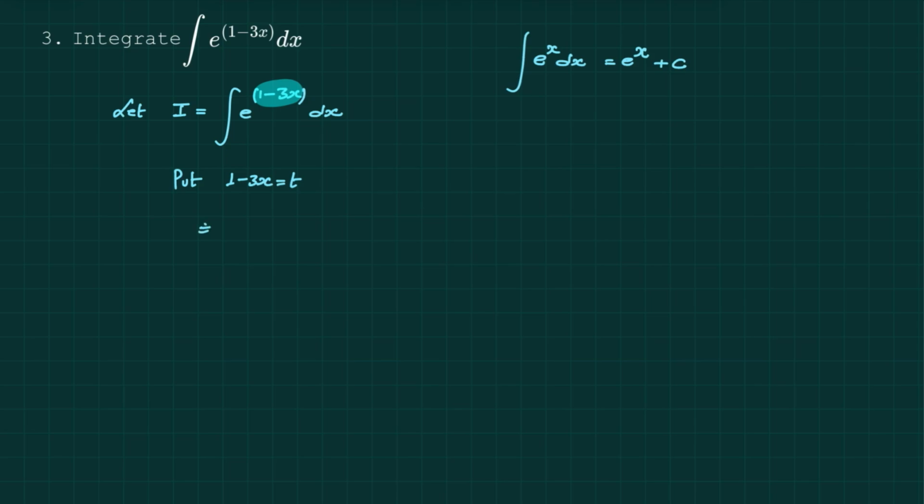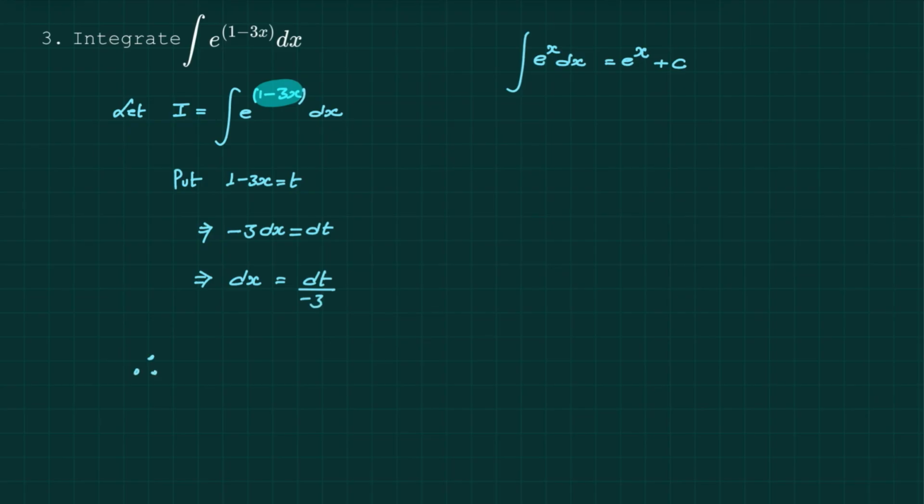Differentiating both sides with respect to x, here we will have d/dx of 1 is 0 and d/dx of minus 3x will be minus 3, and this equals d/dx of t, which will be dt over dx, and let us write dx here only because at last we have to cross multiply. So this implies dx equals dt over minus 3.